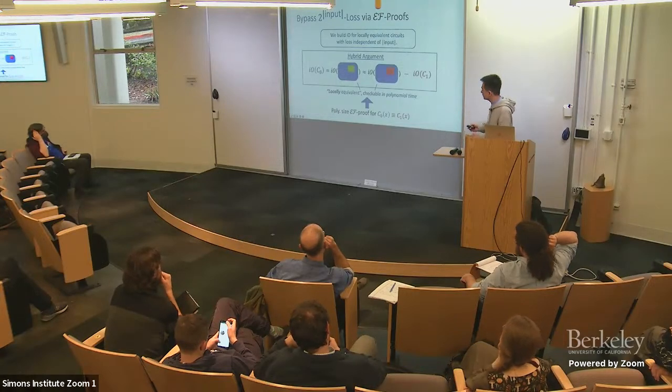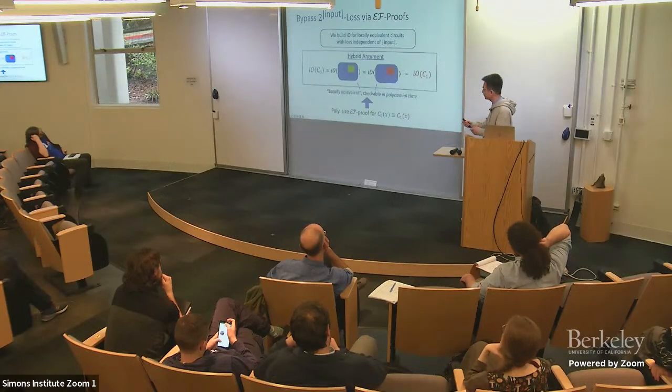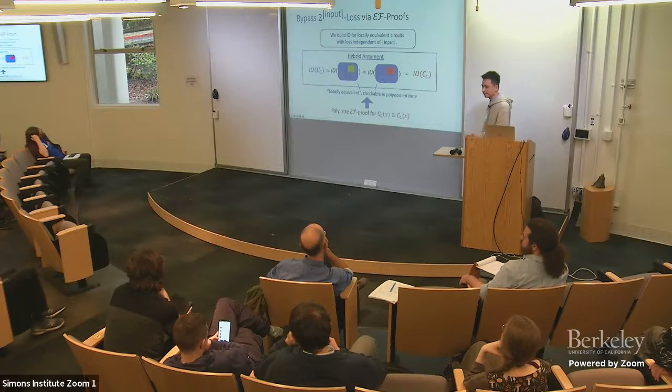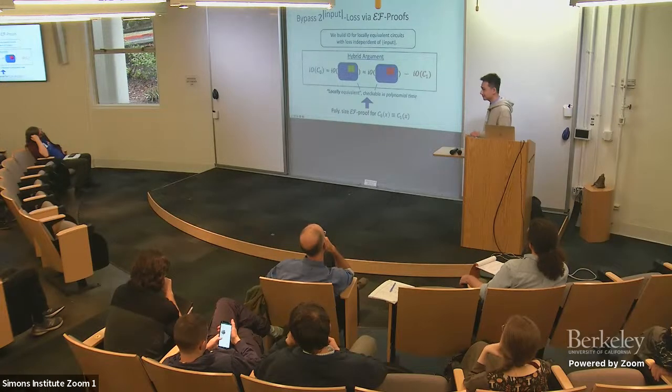Yes, good question. So in fact, there is some padding going on. We pad C0 and C1 to some larger circuit, and in this padding, there are some dummy circuits. So we make changes to those dummy circuits in this series of hybrids. So you're keeping track basically of all of the circuits that show up in this EF proof as you're going along. That makes sense.